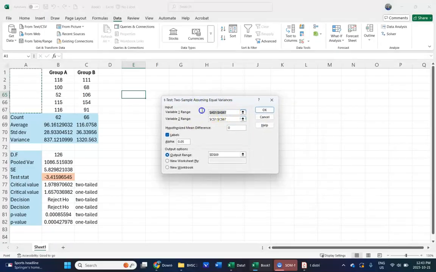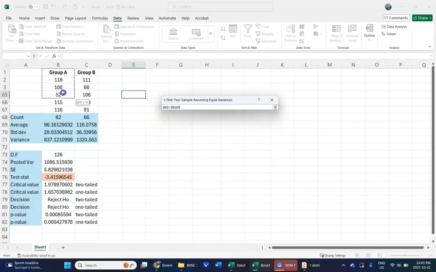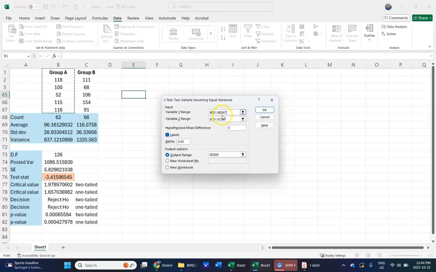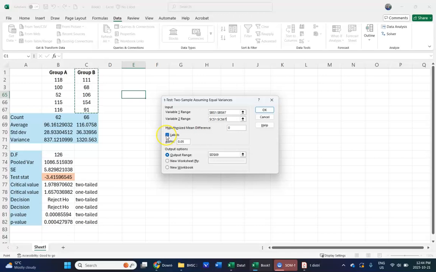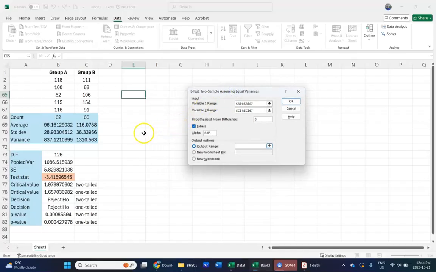Basically, variable 1 range is going to be the label plus our values. Same thing here. We're going to check mark labels, and the hypothesized mean difference is 0. We're assuming that the averages are the same for a two-tailed test. And output range, I'm just going to put it on this page somewhere, right there.